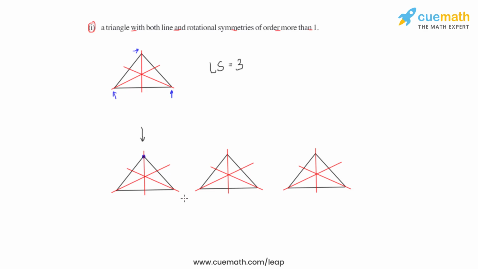So if the intersection of the 3 medians, or the 3 lines passing through the 3 vertices of this equilateral triangle, is considered to be the center of rotation, and if this equilateral triangle is rotated by 120 degrees in the clockwise direction to get an exact figure, we'll get the next figure, which is this.